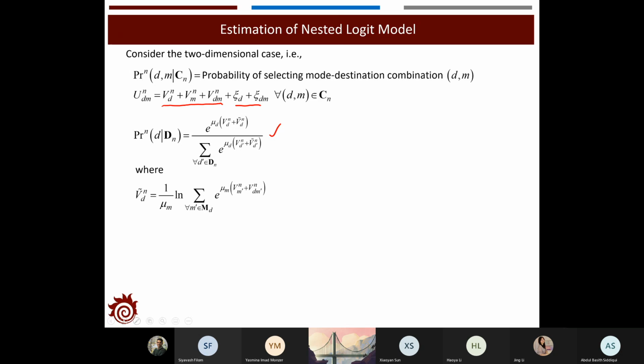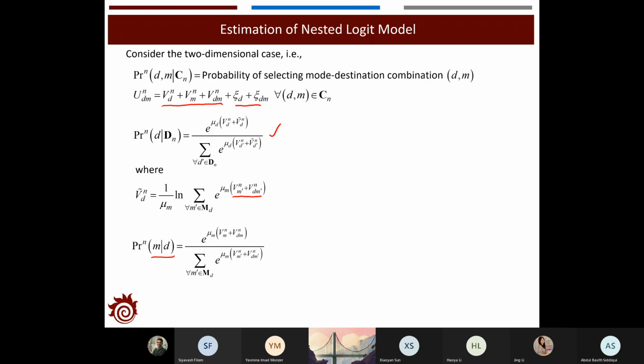It's calculated based on all the deterministic components related to the mode m. And we also have the conditional probability for m given the destination d. It gives us the result.